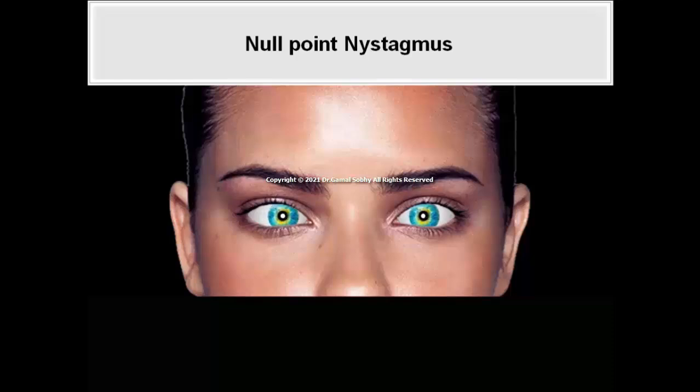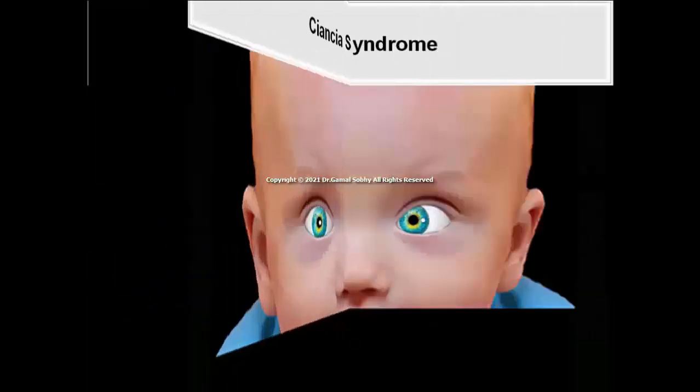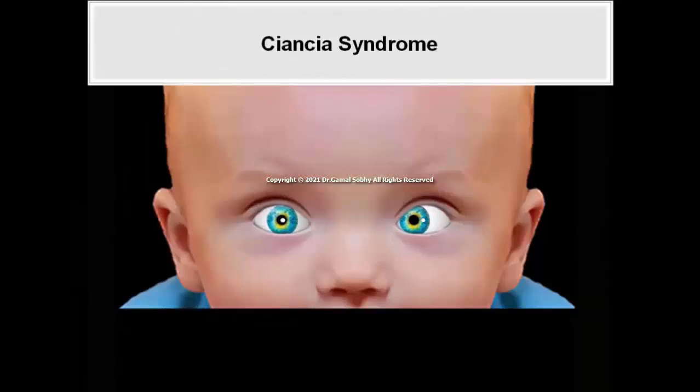The head may be turned to either side, tilted toward one shoulder, or the chin may be elevated or depressed depending on the position of the null point. The combination of infantile esotropia with latent or manifest latent nystagmus has become known as the Ciancia syndrome.